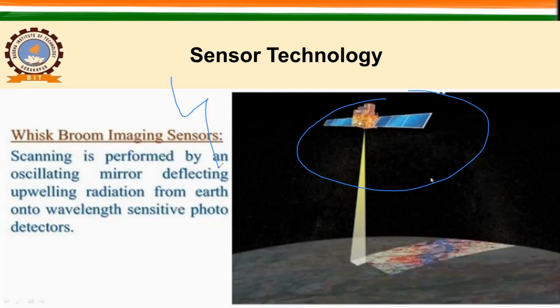So how are they imaging this particular area? How is this area captured in this particular image?